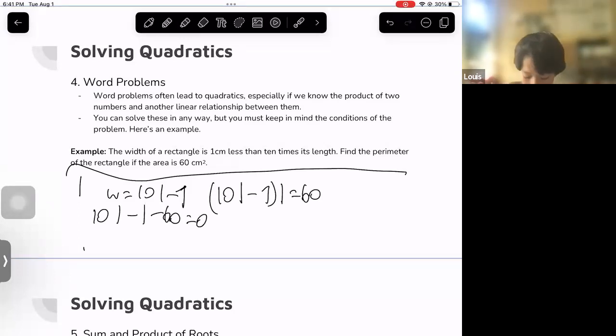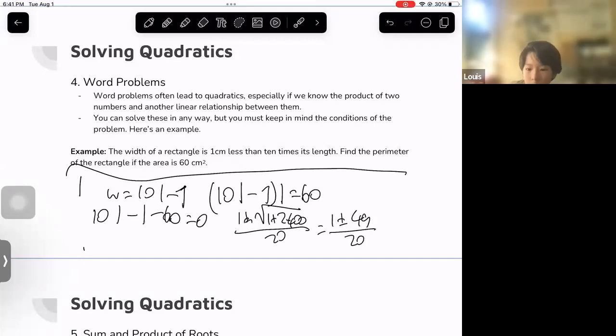So therefore, using the quadratic formula, we have 1 plus minus root of 1 plus 2,400 over 20, equals 1 plus minus 49 over 20.